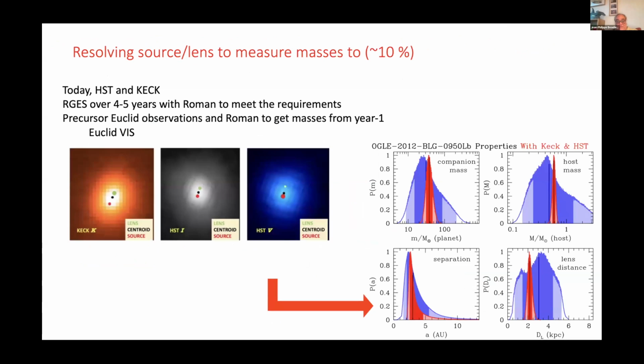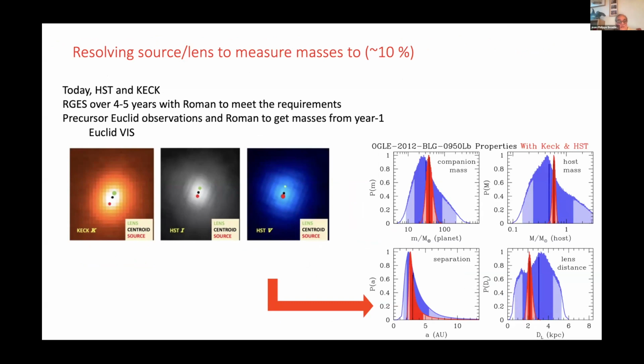The reason we want to do that for the mass measurement is perfectly exemplified by this paper, a study done by Aparna Bhattacharya and us in 2018. Here you see a system observed by Keck and HST, so you have observations in the infrared and in the visible.